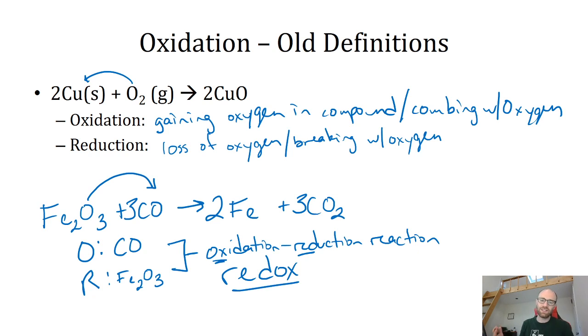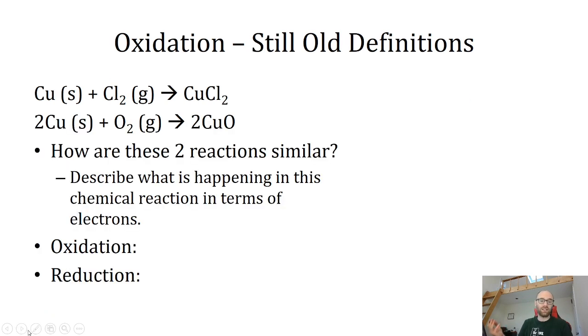So it was seen that oxygen managed to do certain things, and so when oxygen does what it does, we called it oxidation. That being said, once we got a little bit better with our understanding of chemistry, we saw that there were several things that did what oxygen did, just that they weren't oxygen.